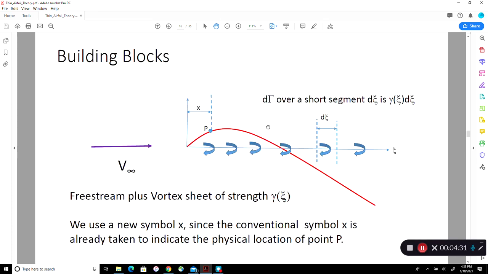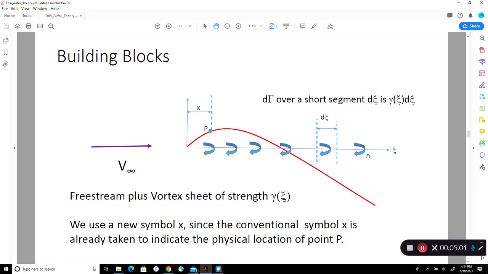Now, because this is only 1 or 2% above, a very, very mild camber, rather than putting these vortices on this red line itself, which is the way it should be viewed, we are approximately putting them right on the blue line because this is much easier to integrate. After all, this red line is only 1 or 2% above or below the blue line. So small deviations.